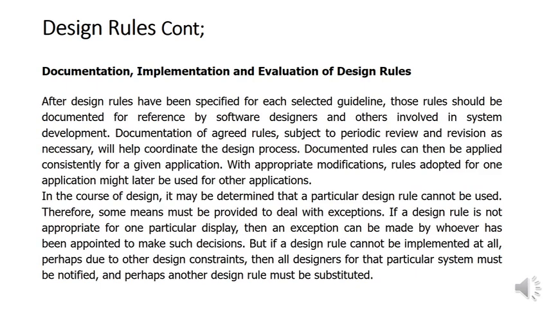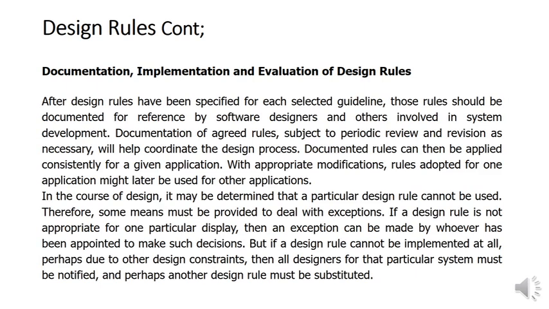But if a design rule cannot be implemented at all, perhaps due to other design constraints, then all designers for that particular system must be notified, and perhaps another design rule must be substituted.